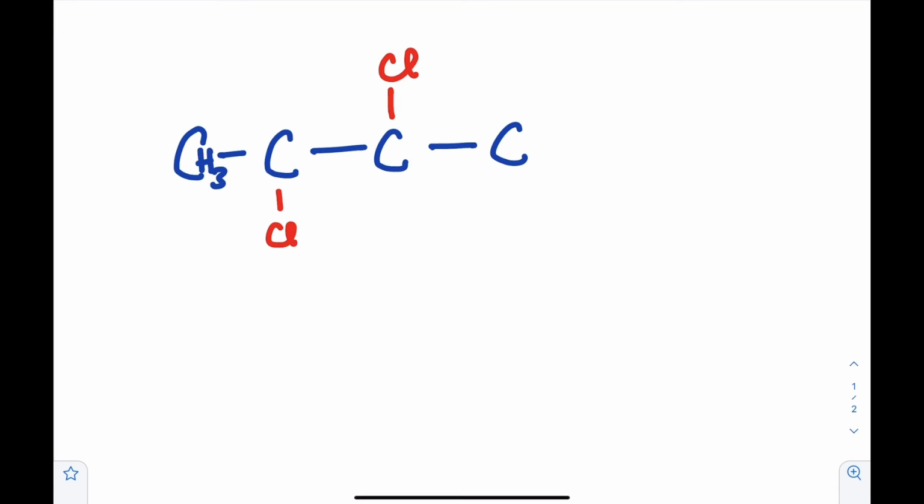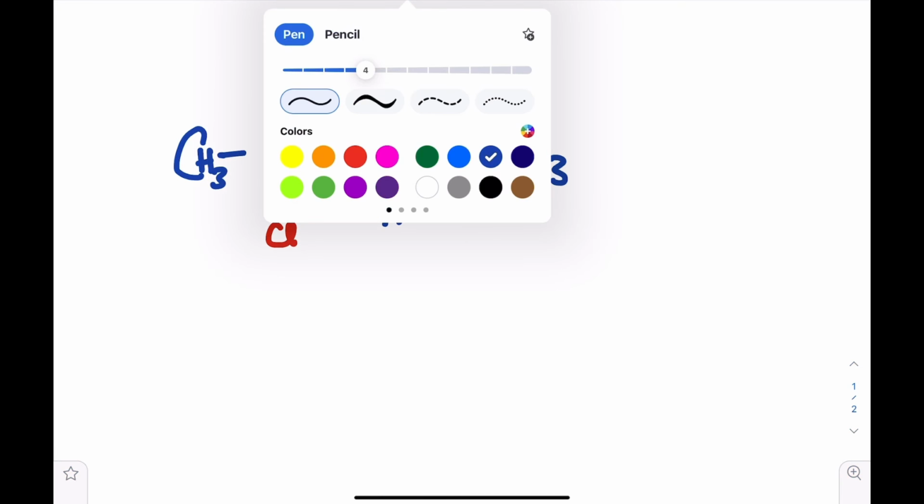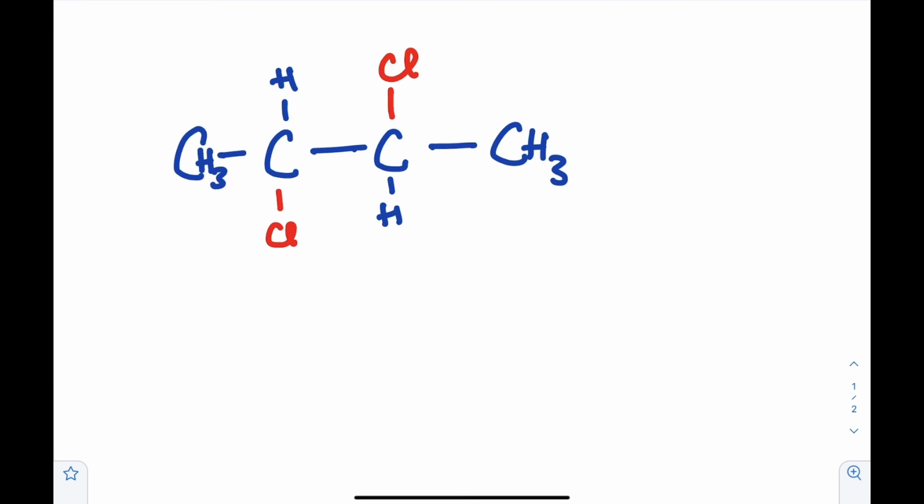So I have a CH3 here, CH3 here. Now remember, carbon forms 4 bonds. So this is 1, 2, 3, so it's going to have another H. And 1, 2, 3, so this is going to have another H, right? So how many chlorines do we have? Let's start numbering our carbons, right? So let's go back and write a number on our carbon. Say this is 1, this is 2, this is 3, this is 4.